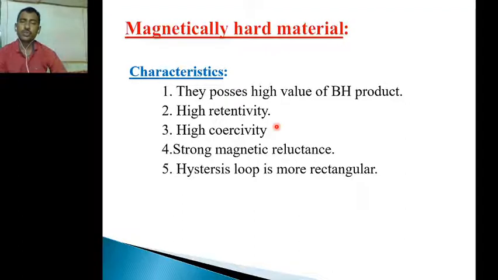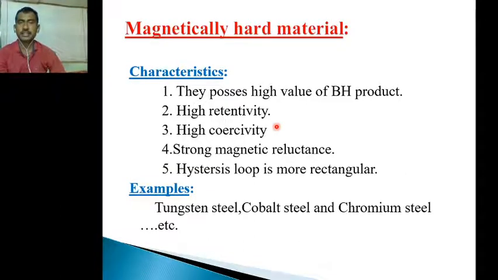So we won't prefer magnetically hard materials over magnetically soft materials. The hysteresis loop for this is also more rectangular. More rectangular means losses will be more. That means iron losses and copper losses are more.